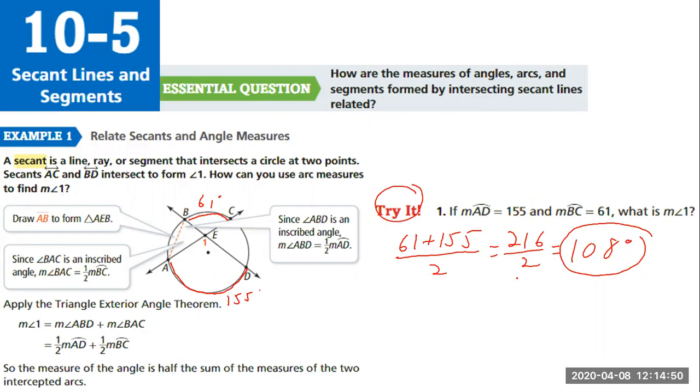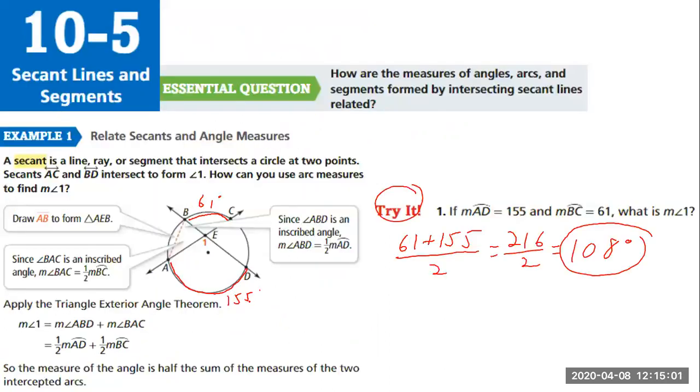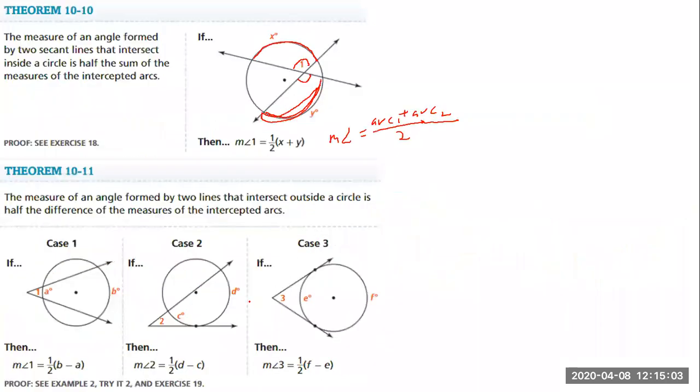Okay, let's keep going. Now there's a couple other theorems on the same slide, looking underneath that first theorem that we went over. We have the measure of an angle formed by two lines that intersect outside a circle is half the difference of the measure of the intercepted arcs.